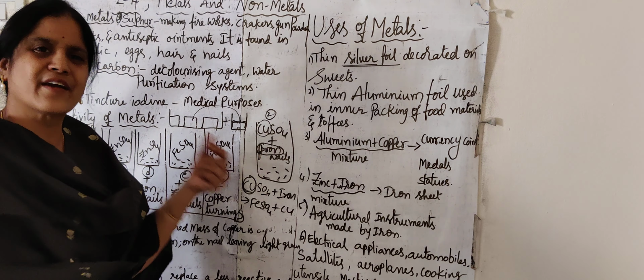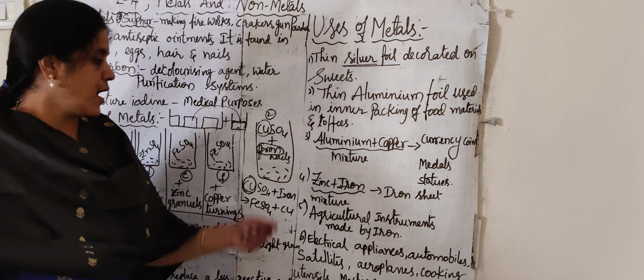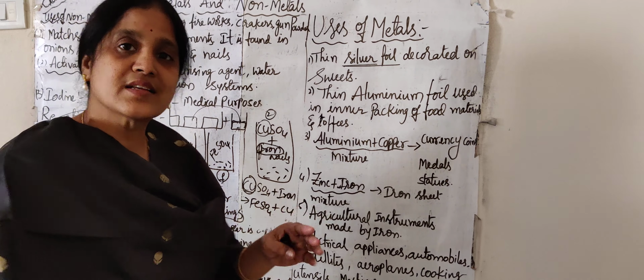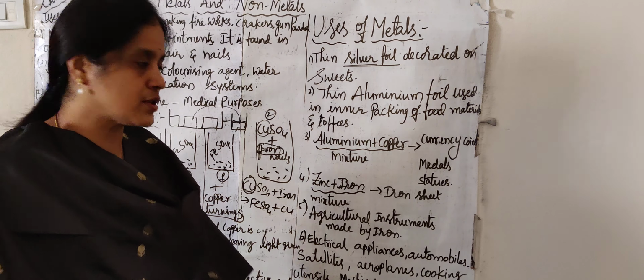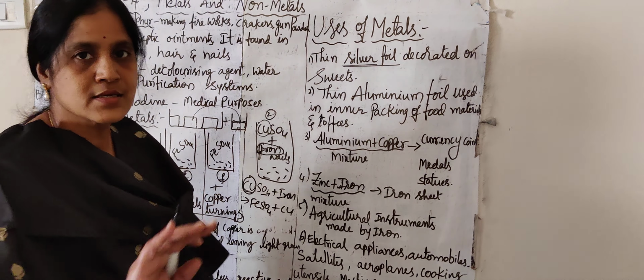Why? Because iron is stronger than copper, iron is very reactive and copper is less reactive. Due to that, iron replaces copper from the copper sulfate.